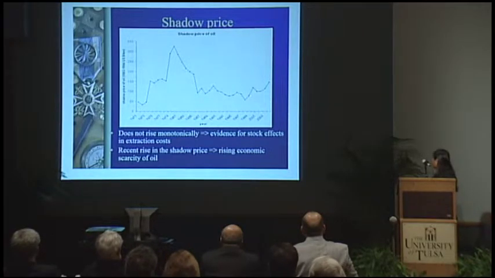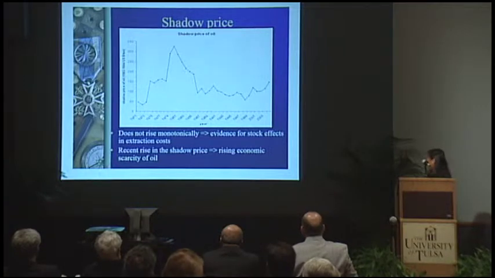So there's evidence that as you're extracting more of the oil, you end up extracting more expensive grades of oil, so it becomes more expensive to extract the marginal unit of oil the more you extract. And I also find that in the most recent years, we have an uptick in the shadow price of oil. So this is potentially reflecting the scarcity of the resource.